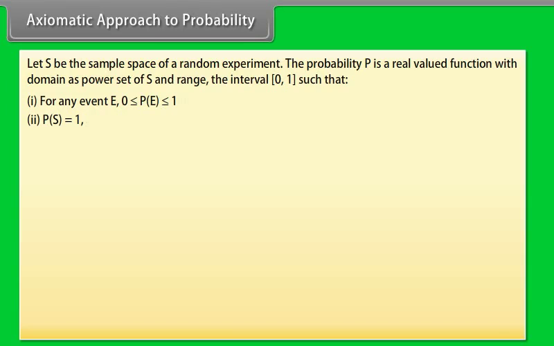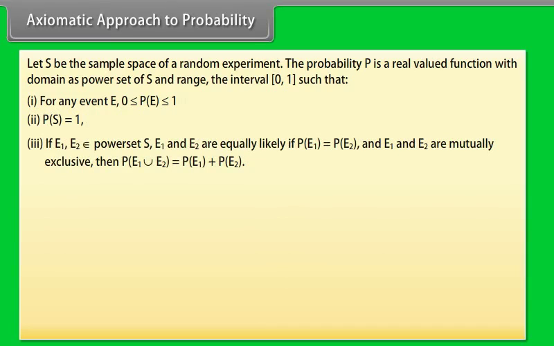And 3. If E1, E2 belong to the power set of S, E1 and E2 are equally likely if P(E1) is equal to P(E2), and if E1 and E2 are mutually exclusive, then P(E1 union E2) is equal to P(E1) plus P(E2), where P(E) is called the probability of event E.